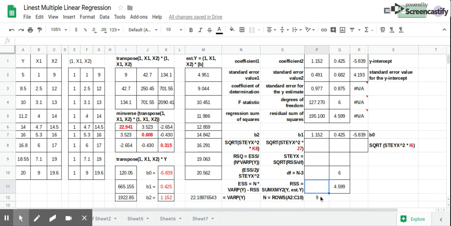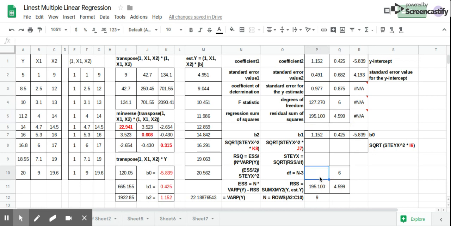Next, we calculate the regression sum of squares, ESS, equal to the population times the variance of population Y minus the residual sum of squares. So we have 195, which matches to this, and this matches to this.